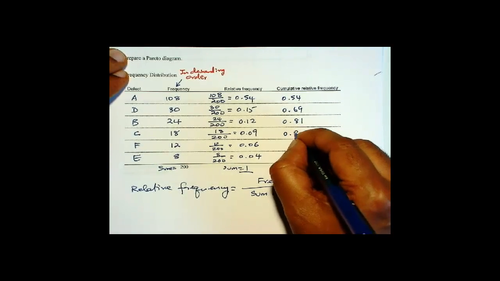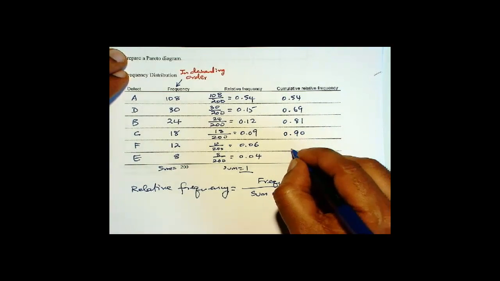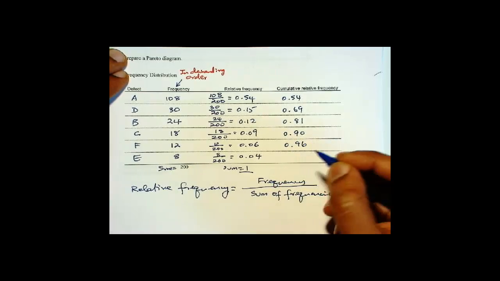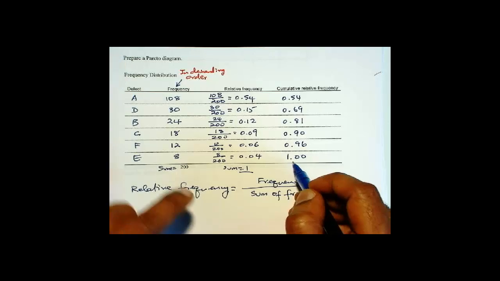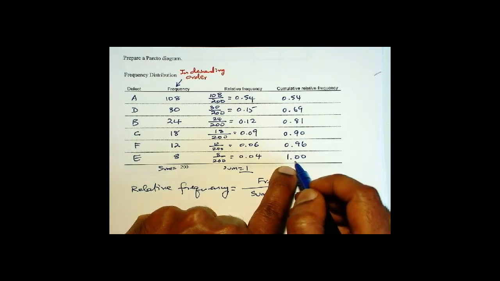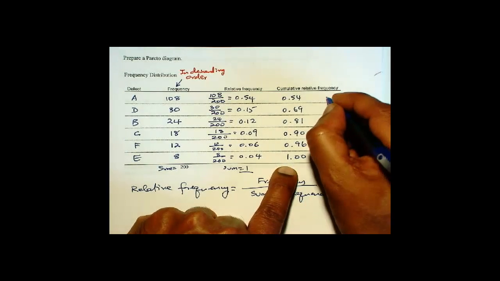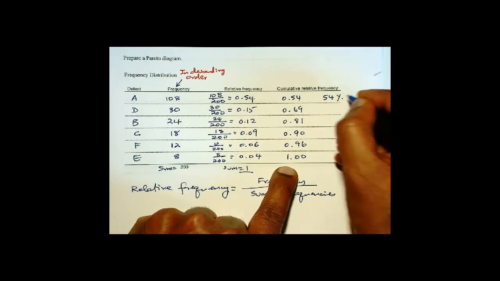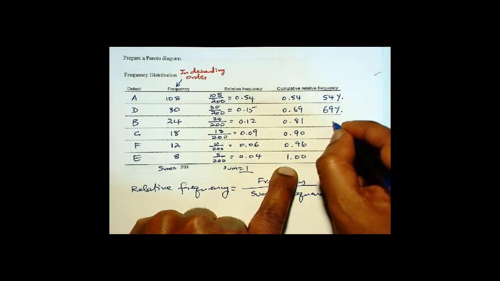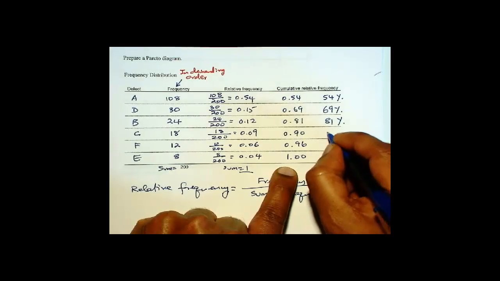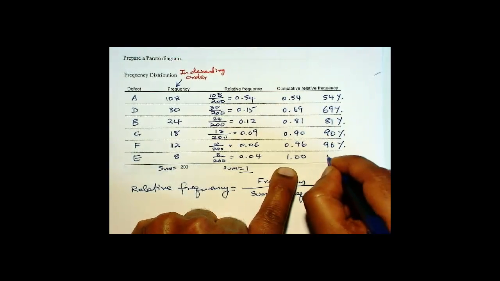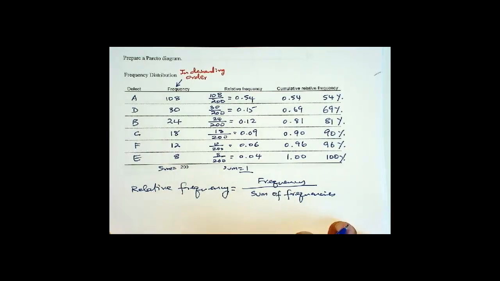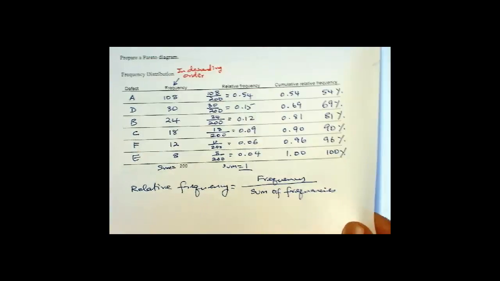And then 0.90, 0.96, and then, of course, the last number for cumulative frequency must be equal to 1. And let's convert these to percentages, because that's what we're going to plot, the cumulative frequency as a percentage. So we'll plot that on the next page.